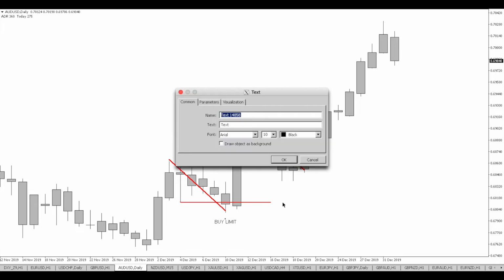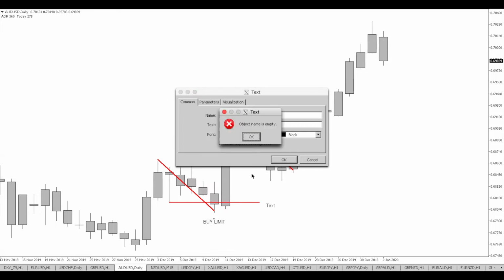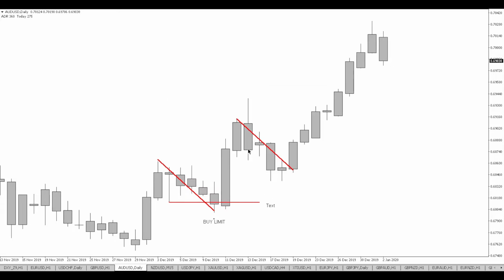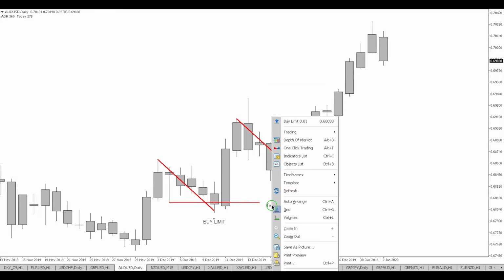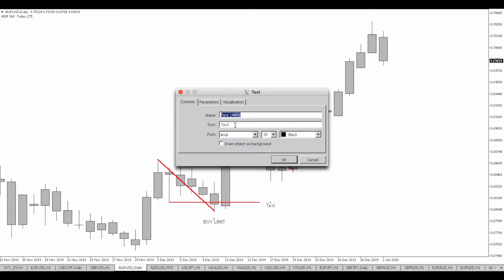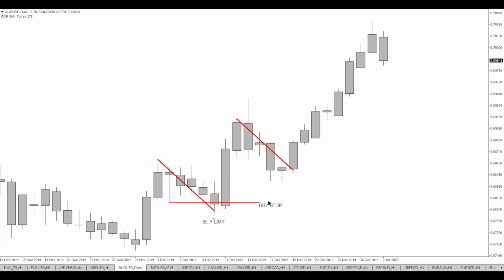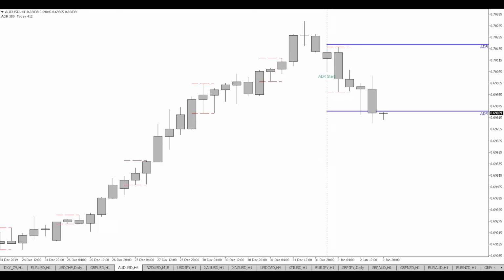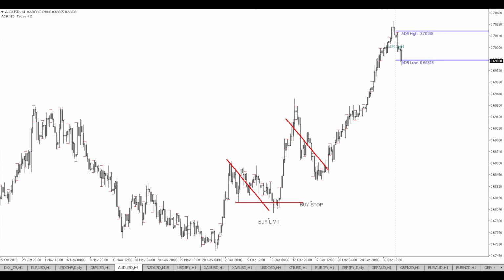So that would be a sell stop. If price breaks this level here, then you'd be looking at entering the market short. So that's the only difference between it.